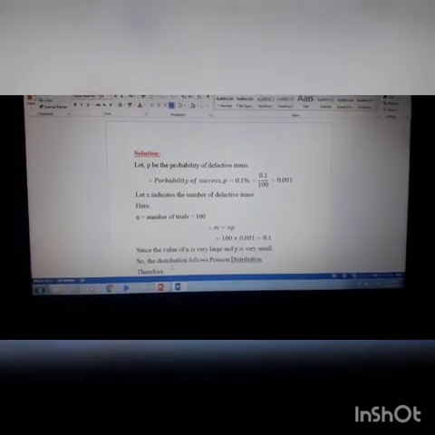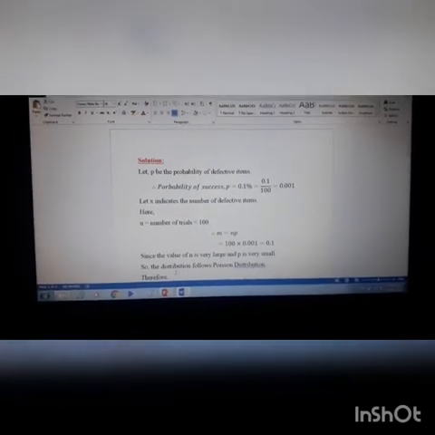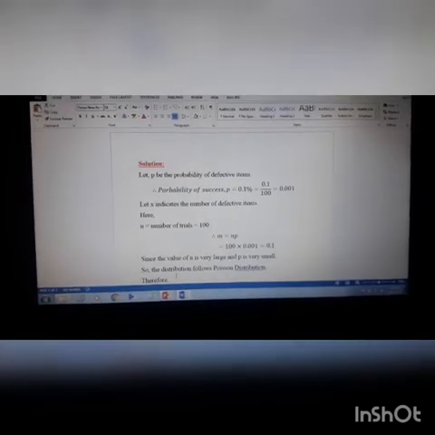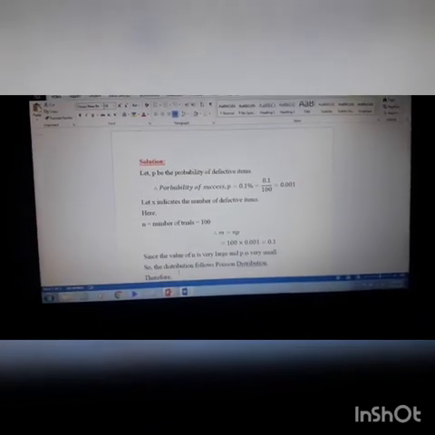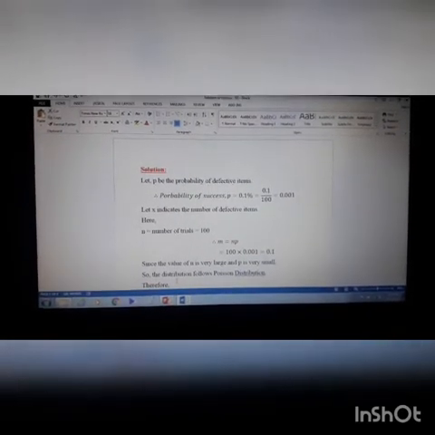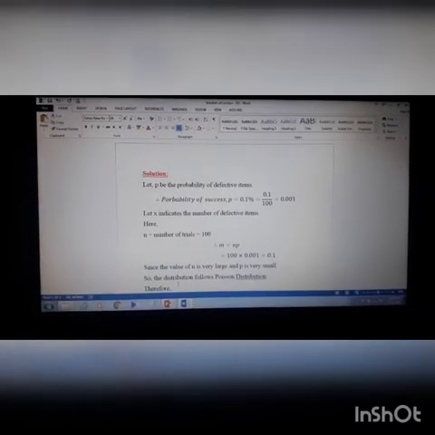Here the probability of success is given as 0.1%, and probability of success means our query, what we want to determine: the probability of defective items. So finding the defective items is the success. Here we consider the probability of defective items by p.